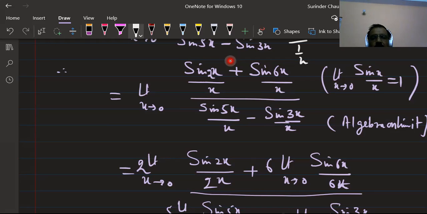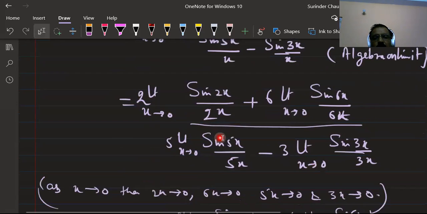We multiply the numerator and denominator of sin 2x by 2 and divide by 2. Similarly, for sin 6x we multiply by 6 and divide by 6, to make these equal to sin 2x upon 2x, sin 6x upon 6x, sin 5x upon 5x, and sin 3x upon 3x.